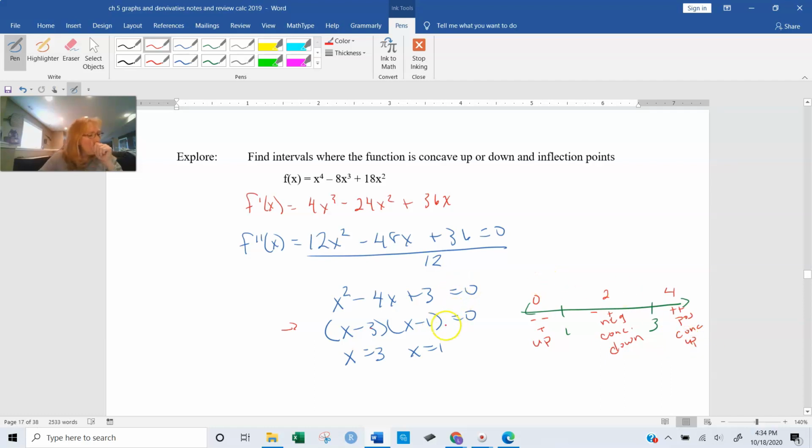All right. Now, in order to graph this, we got to actually plug these into our graph. So when we plug in 1, so you're plugging this into your original. So you're finding f of 1, and that is equal to what? 1 minus 8 plus 18.